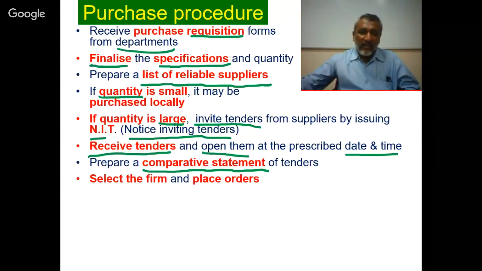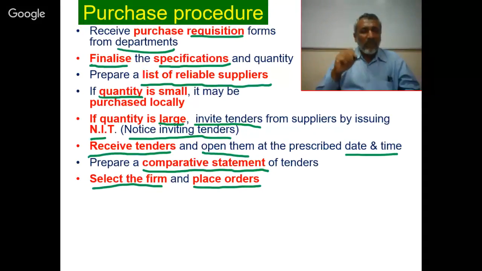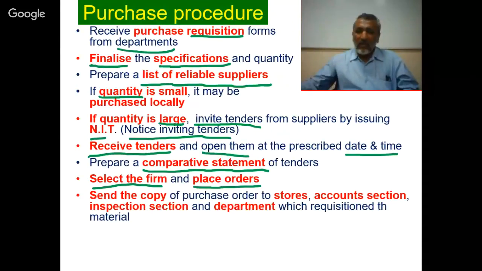That is, the firm which has quoted the most competitive price is selected, and the purchase order is given to that particular firm. The order is given to the firm which has quoted the minimum possible price as per the specifications in the order.